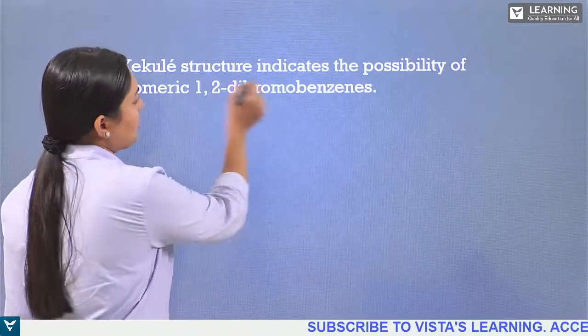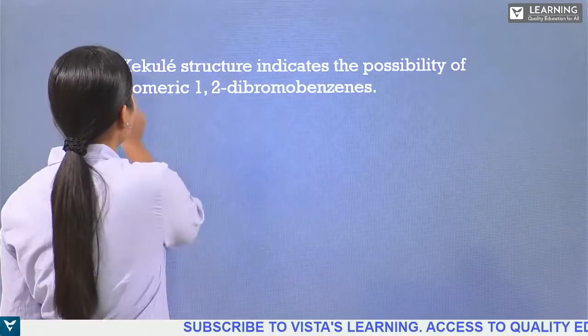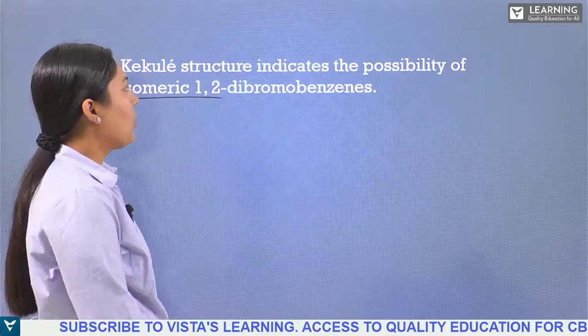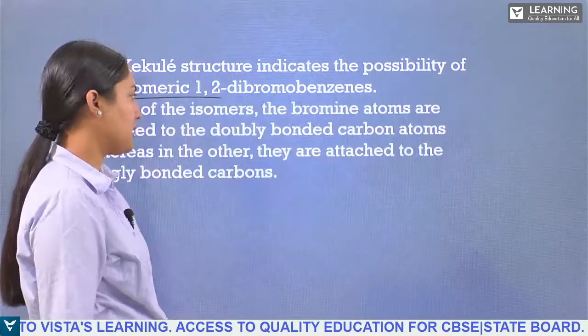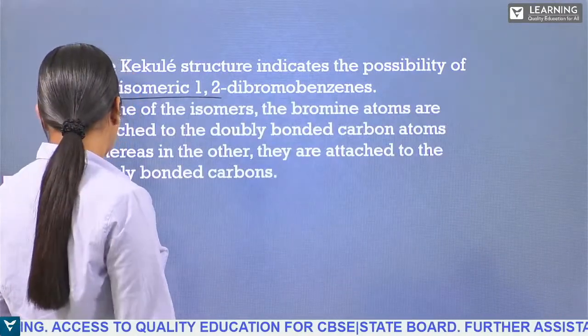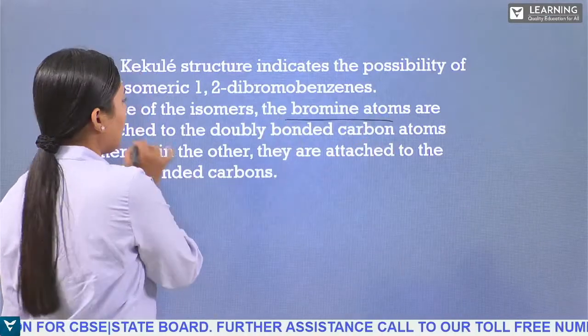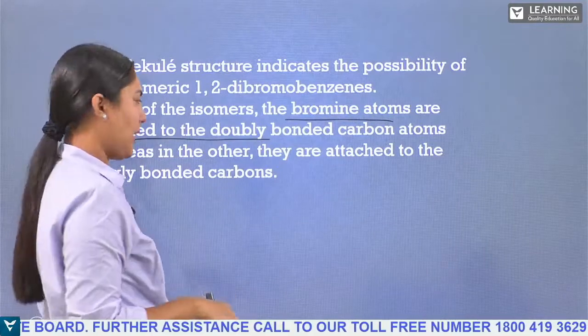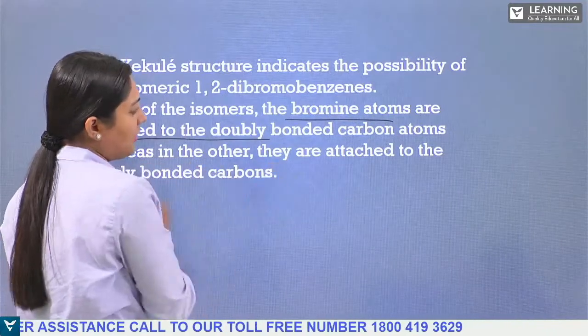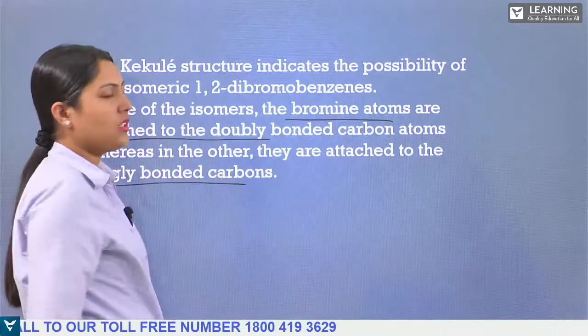So Kekule's structure indicates the possibility of 2 isomeric 1,2 dibromobenzenes. In one of the isomers, the bromine atoms are attached to the doubly bonded carbon atoms, whereas in the other they will be attached to the singly bonded carbon atoms.